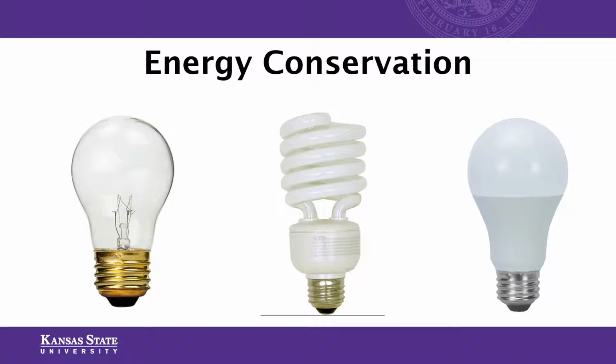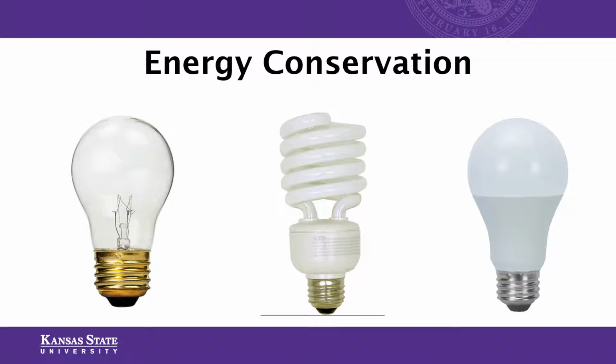And then in the early 2000s, it was all about compact fluorescent bulbs, CF bulbs. And now in more recent years, the focus has become on LED bulbs, light emitting diode bulbs. So we've had a pretty drastic change in technology over the last several decades related to lighting.